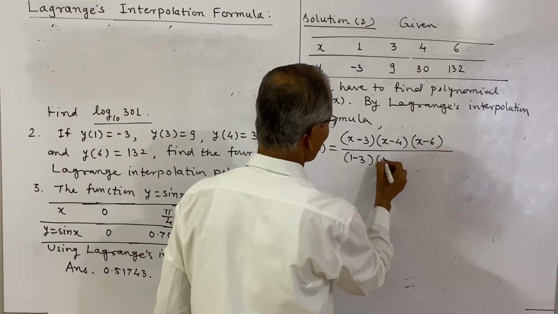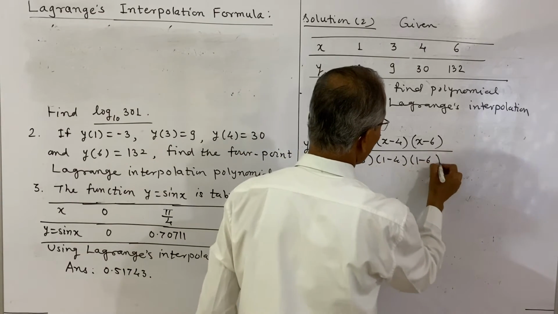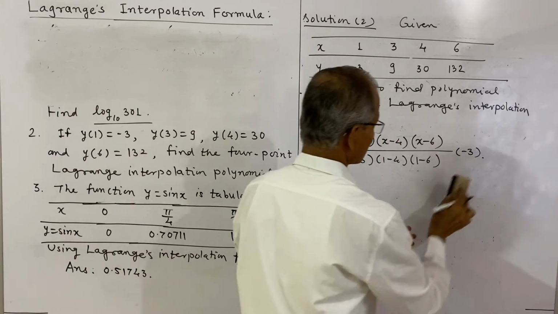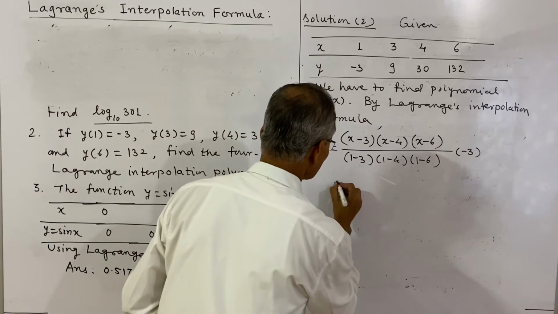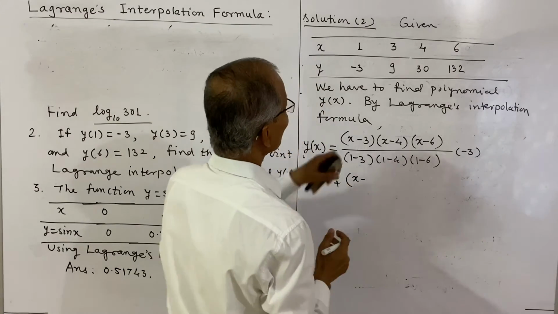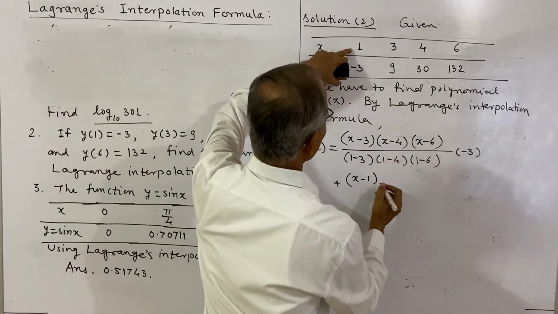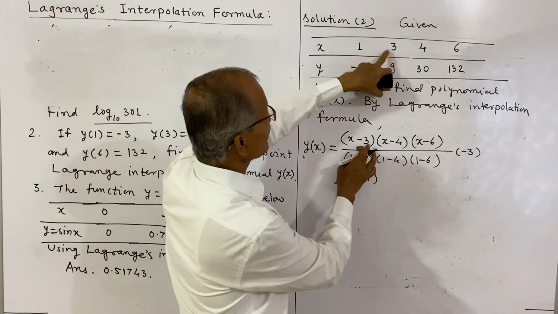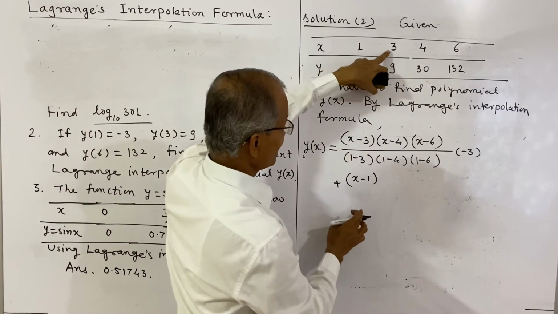1 minus 3, 1 minus 4, 1 minus 6, into y naught, that is minus 3, and plus the next is x minus, now we have to take this value x1. Don't take 3 at second term, don't take 1 at first, don't take 3 at second.